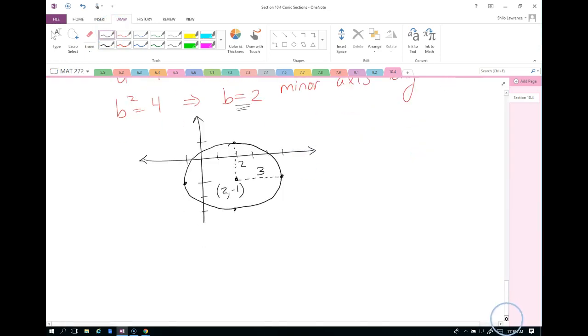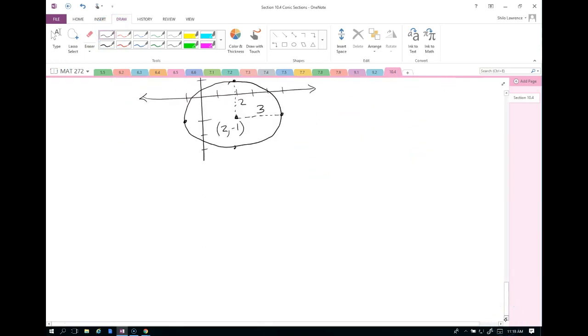Now we're going to move on because our last two I think are the most difficult. They're going to take the longest. Parabolas, again, you most likely saw in algebra class, but in algebra we only look at parabolas that are open vertically.